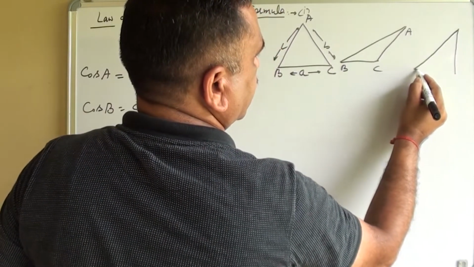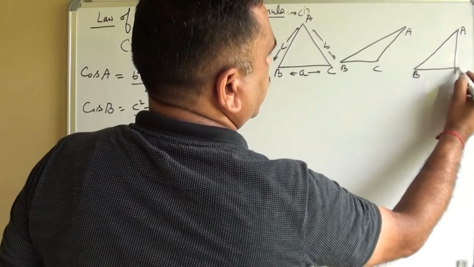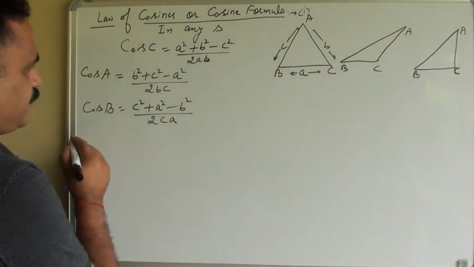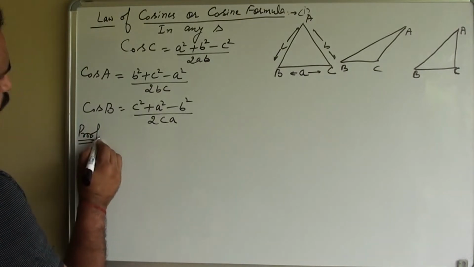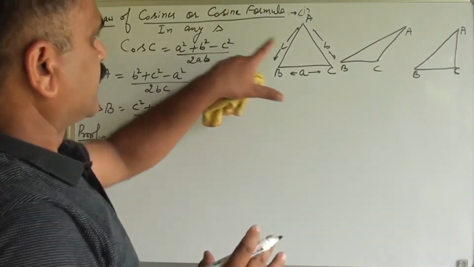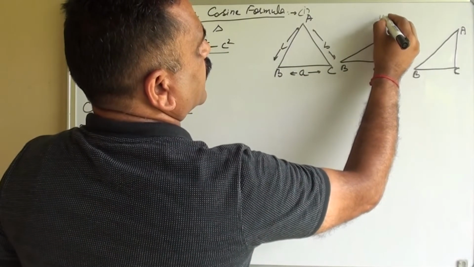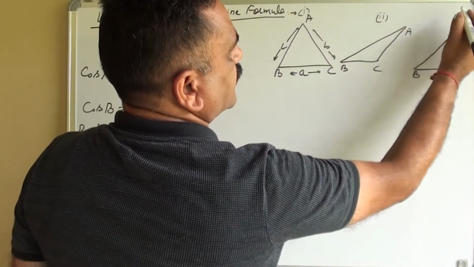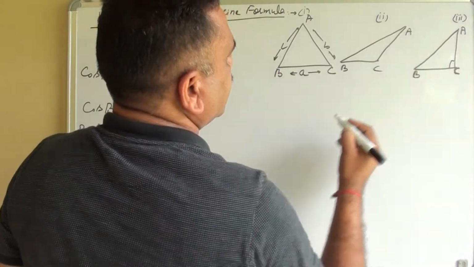One angle is 90. So this is A, B, C. Now, again, for proof, we will take three cases. That is acute angle triangle, second one is obtuse angle triangle, and third one is right angled triangle. Means this angle is 90 degree.